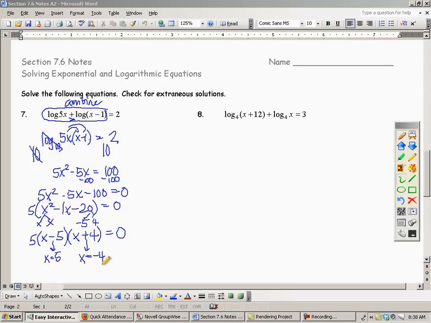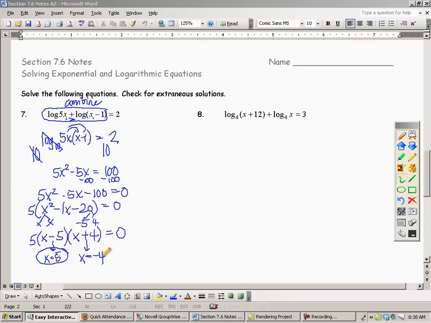And before I can circle these, because I started with a log, I need to plug them back in and make sure I don't get negative logs. If I plug in a 5, 5 times 5 is 25, so I get a positive number. 5 minus 1 is 4, that's a positive number. Because they're both positive, 5 is going to work out. Okay?